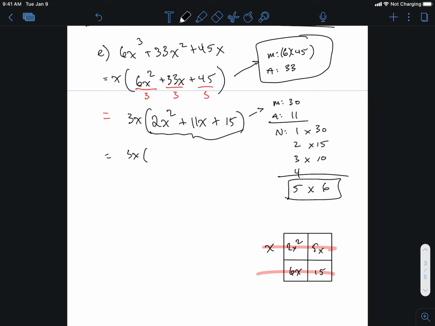In the bottom row, what's common in the bottom row? What can I take out? 6 doesn't go into 15, but cut 6 in half, you get 3. 3 goes into both, right?